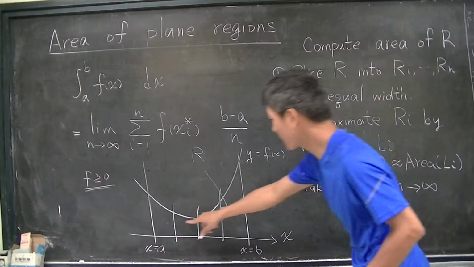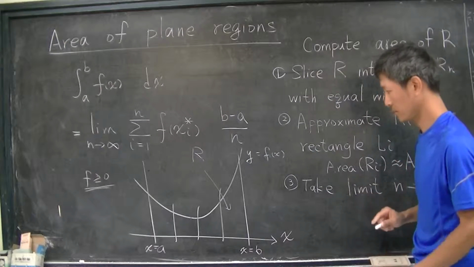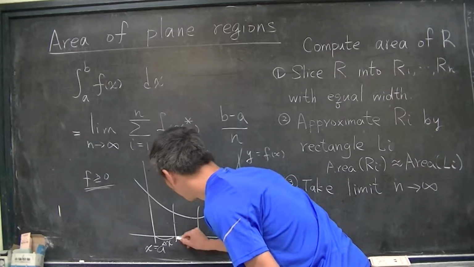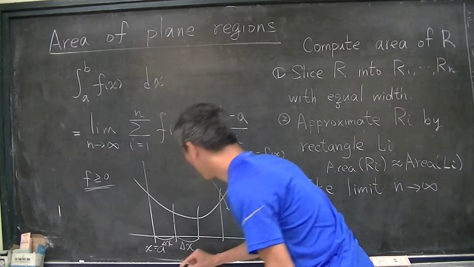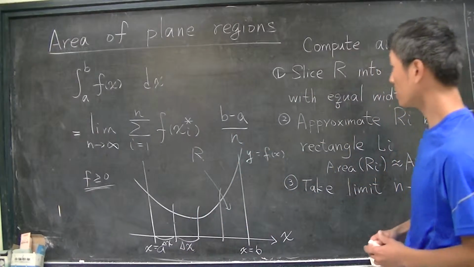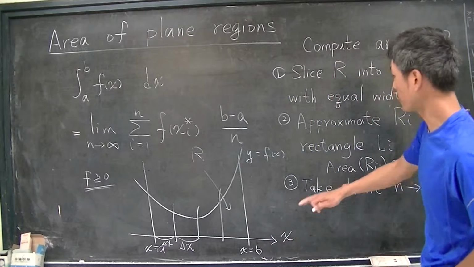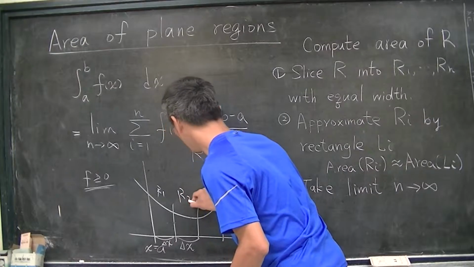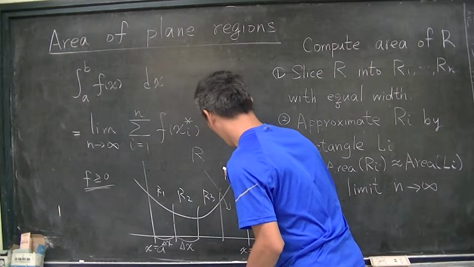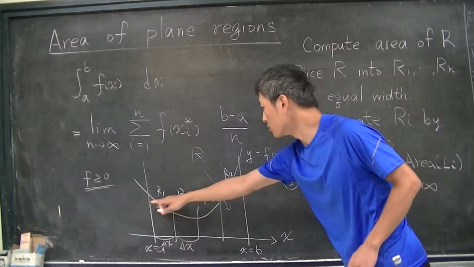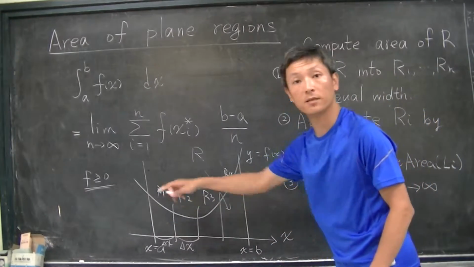For example, if I cut it into 4 pieces, we call the width delta x. Then for each small piece, here we have R1, R2, R3, and R4. We use a rectangle to approximate each piece.